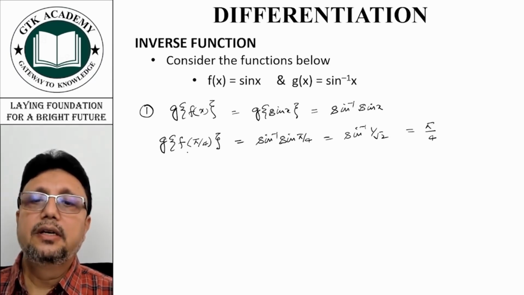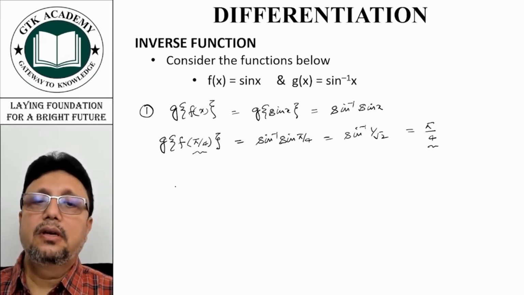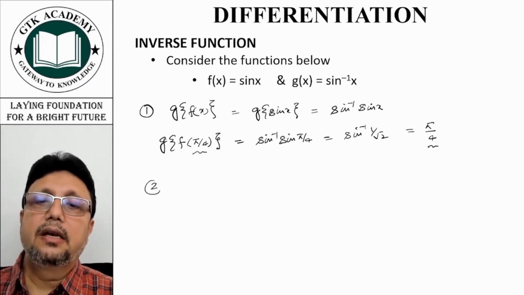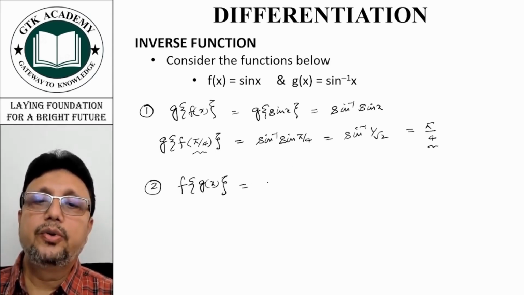So you can see g of f of x is equal to x. Second, let us check f of g of x. What is that? Is it also equal to x?